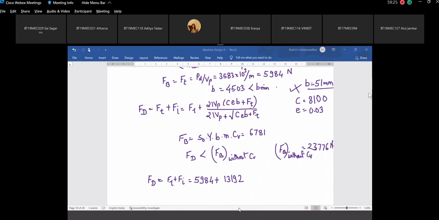For B as 8.5M, 51 mm. So much variation, 11688. All we want is FD should be less than FB, otherwise we'll have to change. And if this FD is less than FB, we are safe with M as 6. For B51, FI is 11688.